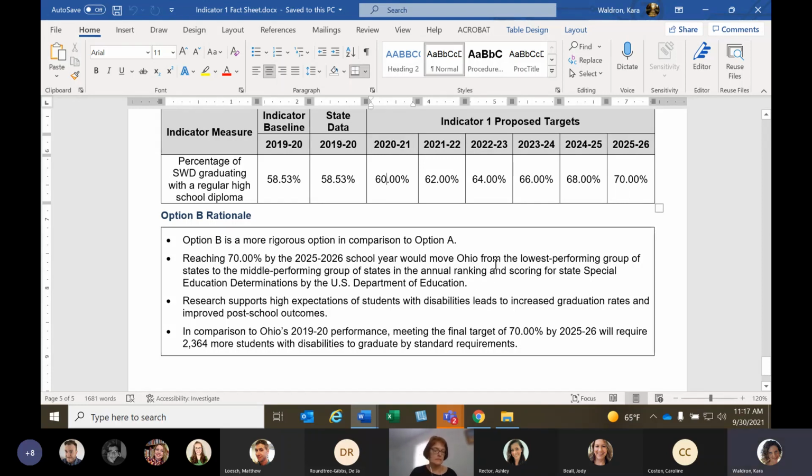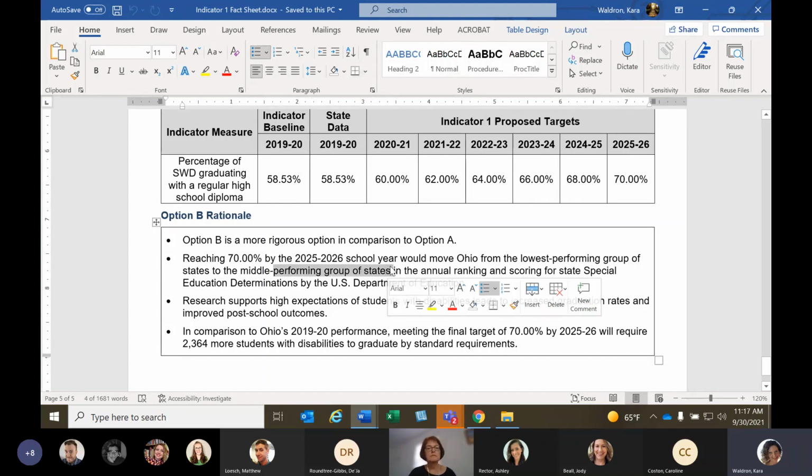So the rationale here is that getting to a 70% would move us from that lowest performing group of states that we've been in since the beginning of state determinations to the middle performing group of states. I know aiming for mediocrity might not sound like a rigorous approach, and yet given our starting place, getting to a 70% would be a place we've never achieved since the beginning of that measure.